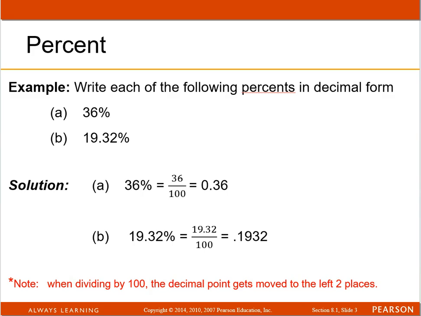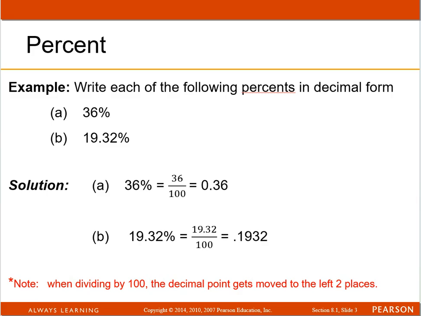Now in part B, it says write each of the following percents in decimal form, and you might be looking at this and saying, but April, it's already in decimal form. True, it's 19.32, but because of the percent sign, it's actually in percent form.